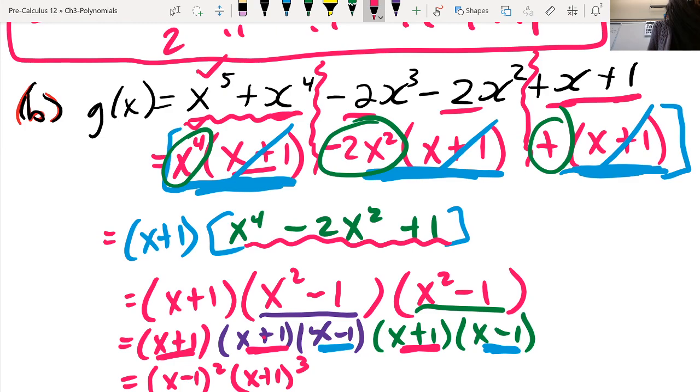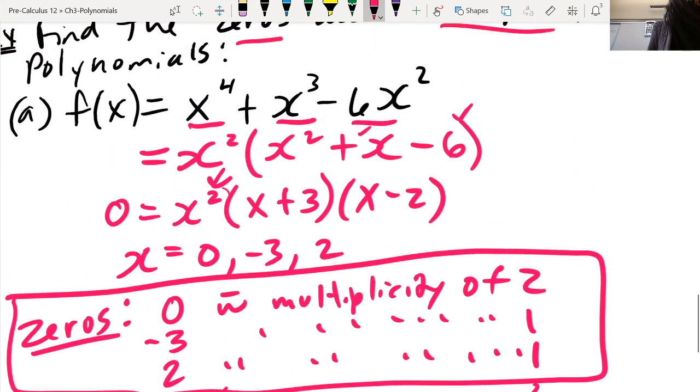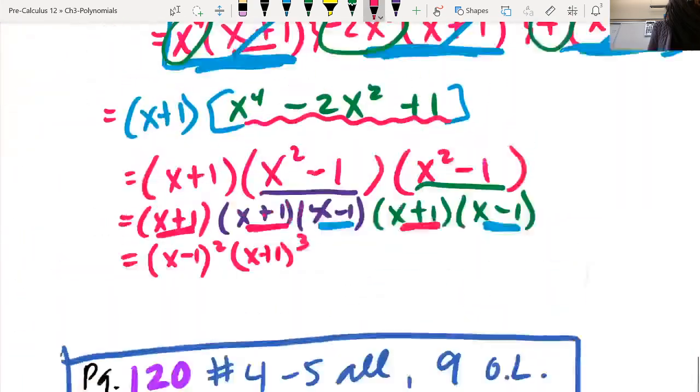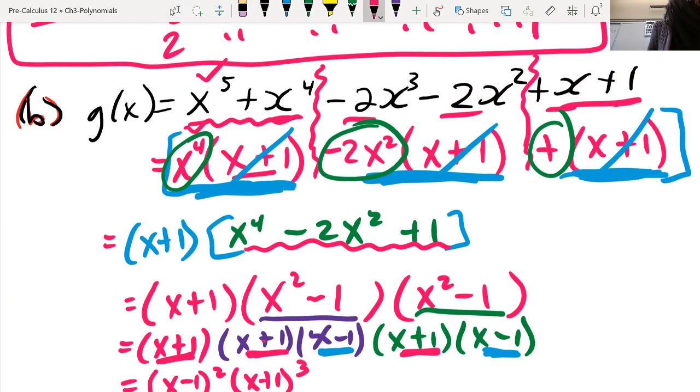And then for my, what did it ask for, roots or zeros? It said find the zeros, but it doesn't matter what we call it. I could call it roots or zeros, or I could call them x-intercepts. But let's say it appropriately.